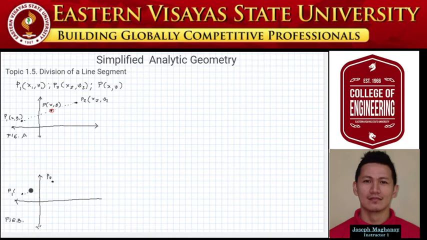So let's connect these 2 points. The external division of the line segment is extended to a certain terminal point, which in this case we still don't know. So we call it our point P with x and y. Our point 2, x sub 2 and y sub 2, our point 1, x sub 1 and y sub 1.